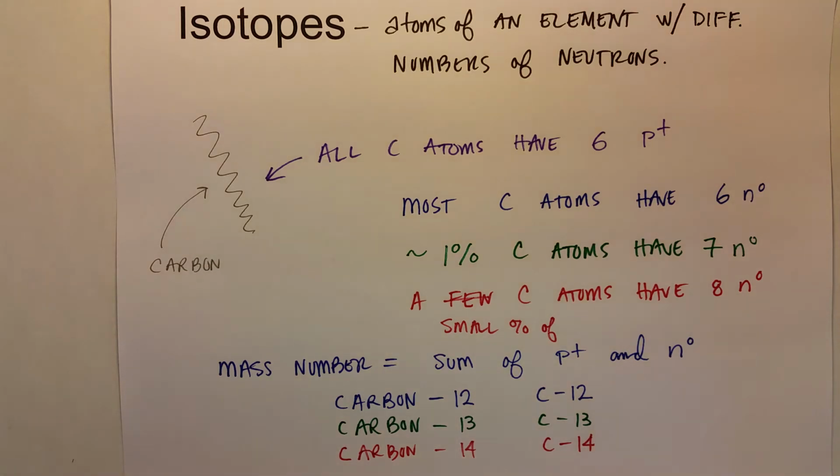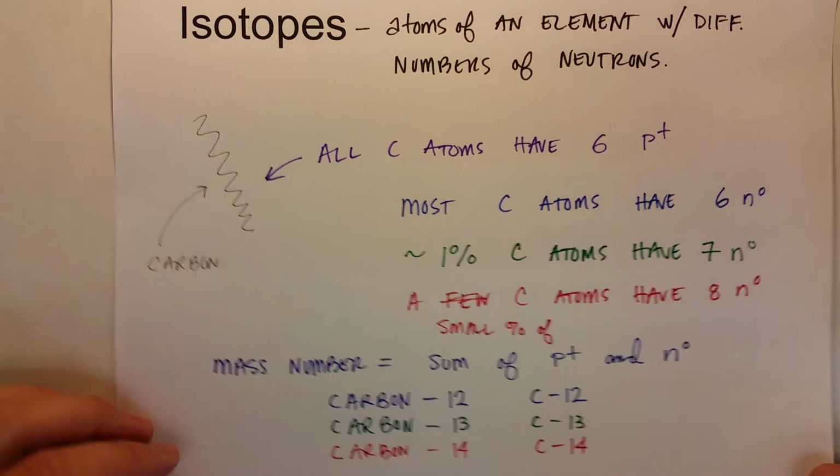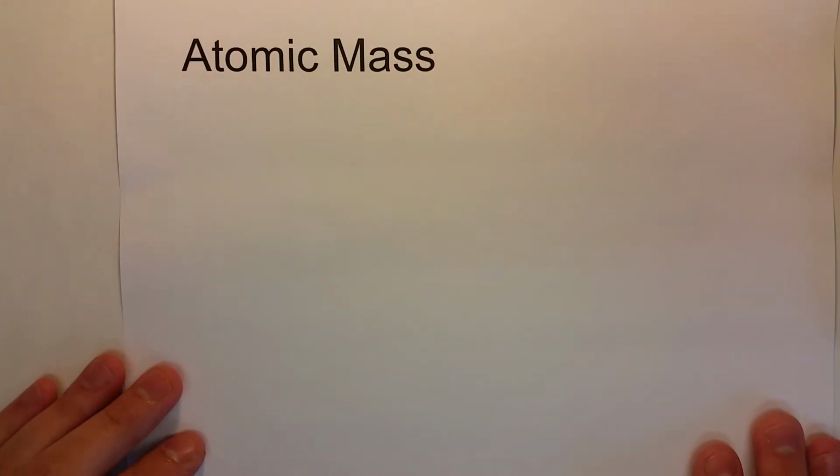All right, so now that we know about isotopes, another thing that is important for every element is the atomic mass. Since each atom of those different isotopes has a different mass, what we want to do is come up with an average mass for a carbon sample or any other elemental sample, and that is what we refer to as the atomic mass.